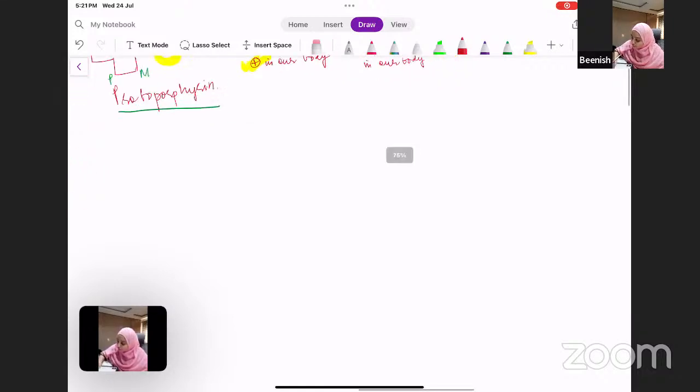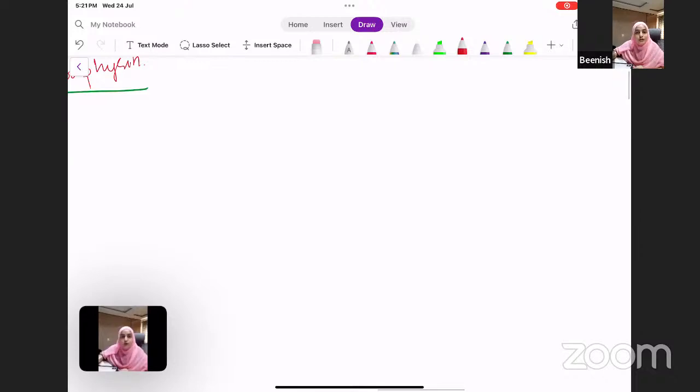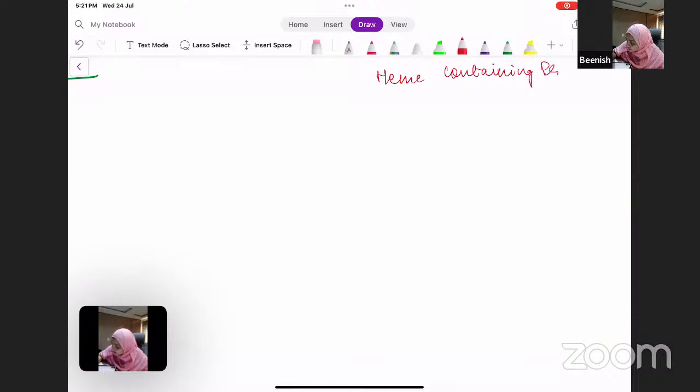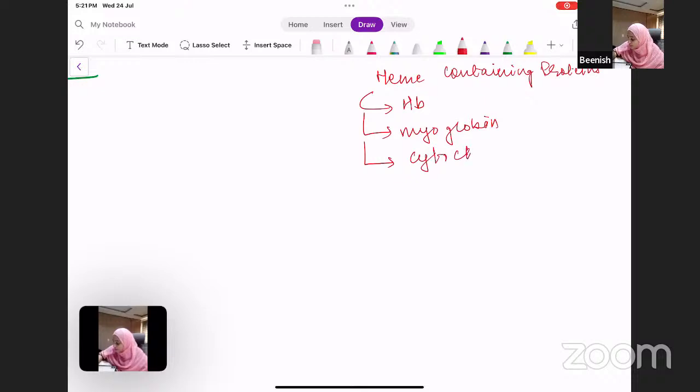Now before moving forward, let me quickly give you a list of all the proteins in a body that contain heme. So heme containing proteins in our body. So first one, very important, is our hemoglobin, followed by myoglobin. Then you have cytochrome P450.